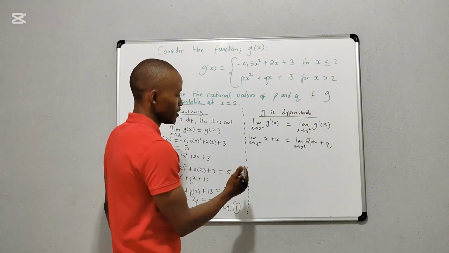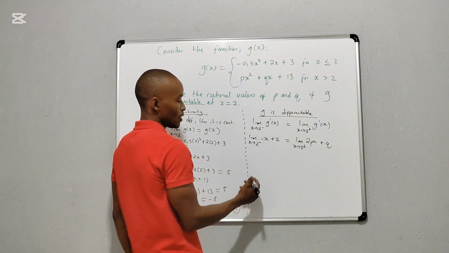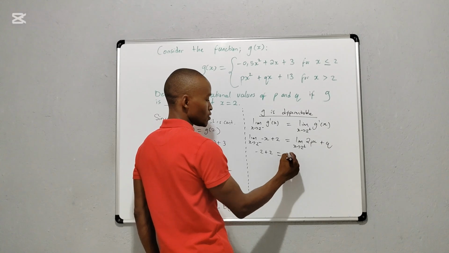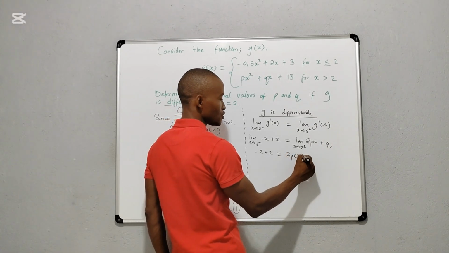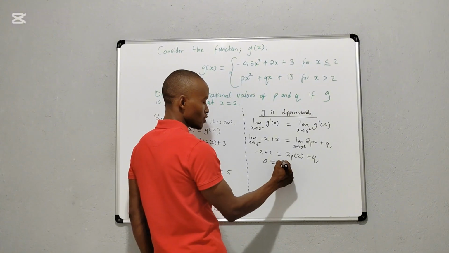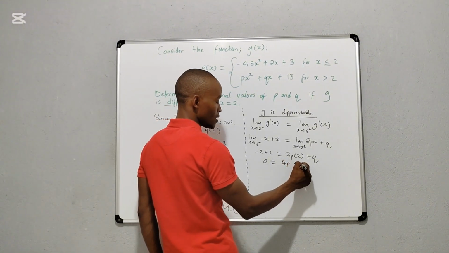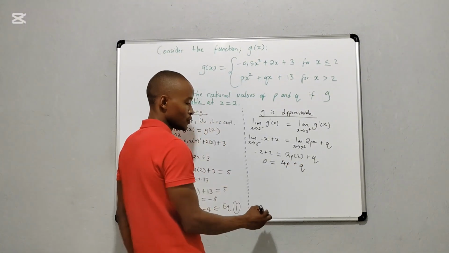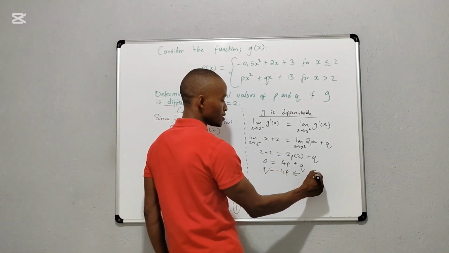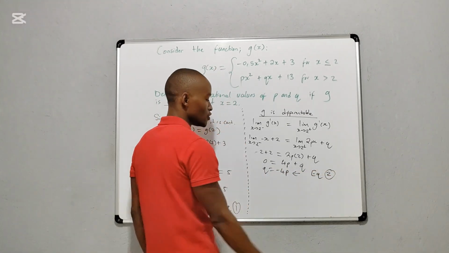Okay. Plug in here our 2, you end up with negative 2 plus 2 is equal to 2p times 2 plus q. So 0 is equal to 4p plus q, and therefore q is negative 4p. We regard this as equation 2.